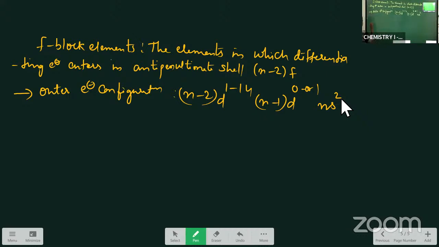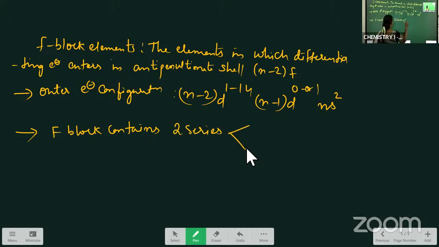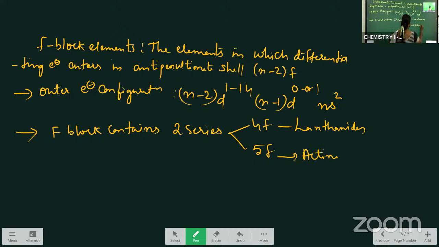Now, this f block contains how many series? 2 series. What are they? 4f series and 5f series. The 4f series is called lanthanoids, whereas the 5f series is called actinoids.